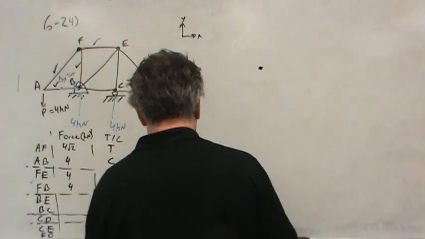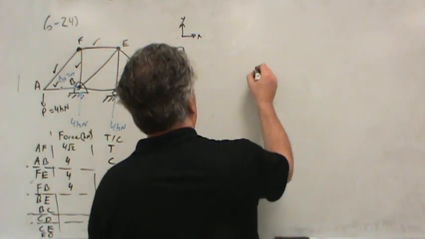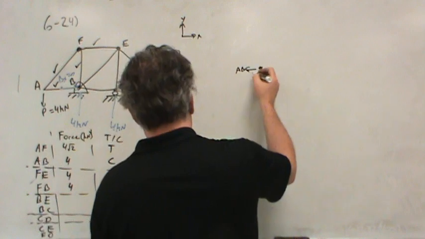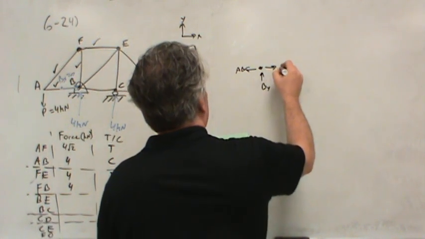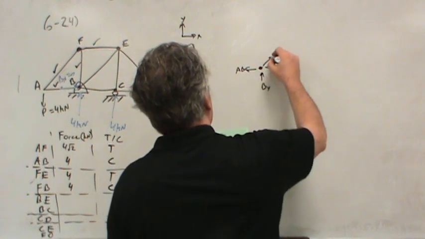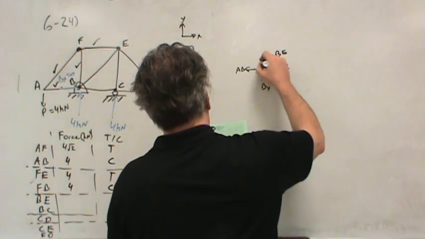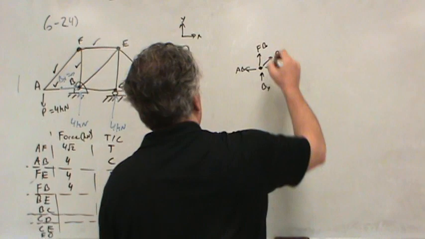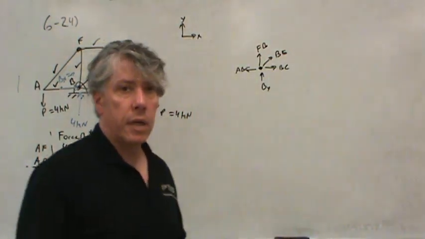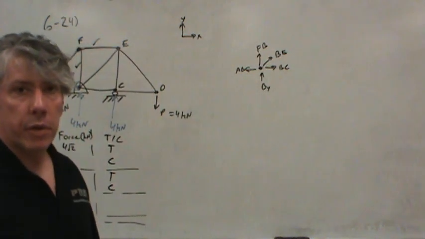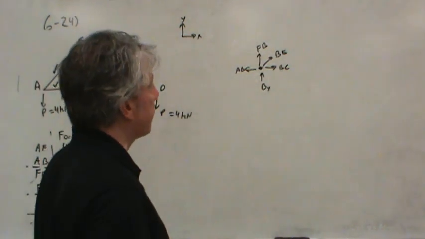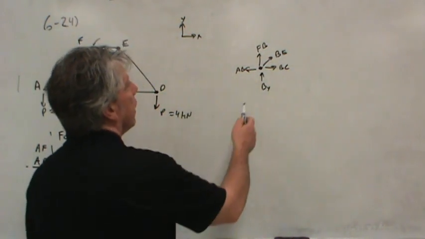So here's point B. Point B has load AB, reaction BY, BC, BE, and FB. Notice I'm always drawing these as tensile loads. Now, of course, BY is not coming from another member. It's a reaction from the ground, or from a pin connected to the ground.